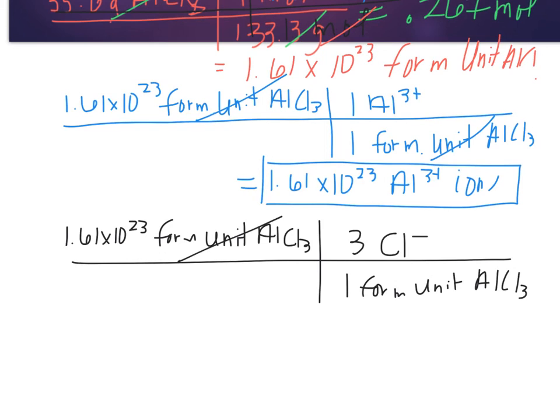Again, formula units will cancel, and now I've got 1.61 times 10 to the 23rd times 3, which gives me 4.83 times 10 to the 23rd chloride ions. And that's how you'd find individual ions out of the compound unit of AlCl3. And that concludes this part of section 10.3.